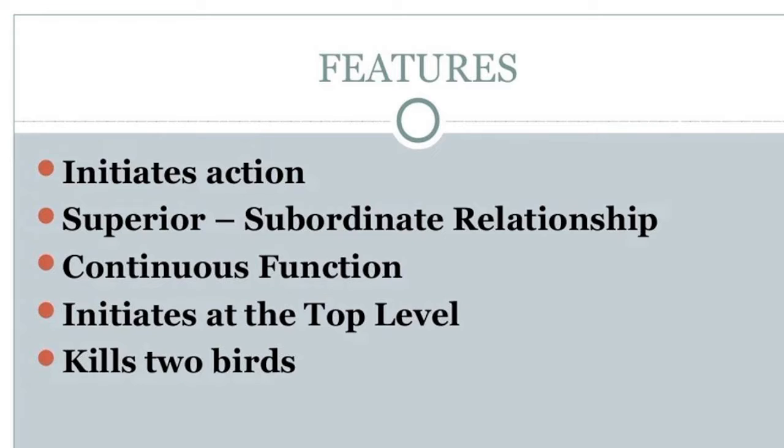Next, the superior and subordinate relationship. The person should feel that he is getting the order from his superior, and that he is accountable to prepare a report and submit it to his superior. So directing creates a relationship between superior and subordinate, and as we discussed earlier in the definition, it is a continuous function.